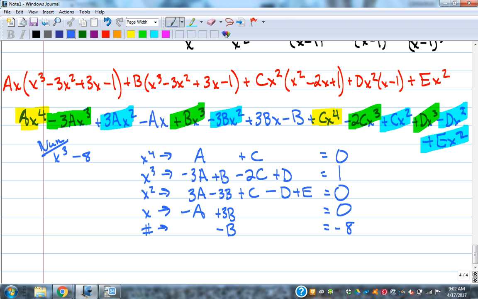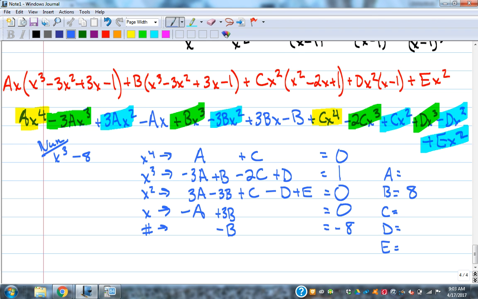So you got a 5 by 6 matrix. You do RREF on it. You get A, B, C, D, E. I know B is 8 already, just because this line down here tells me that.